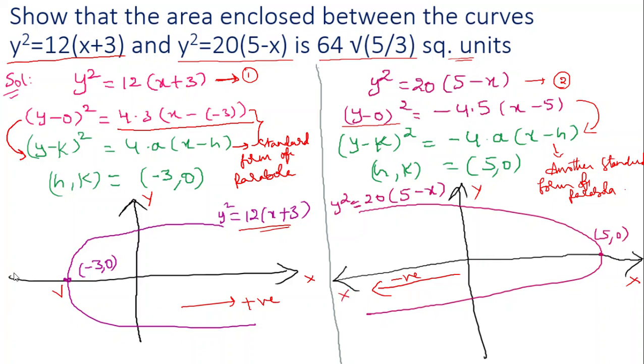This is because in the first curve's equation, there is a positive sign before x, whereas in the second equation, there is a negative sign before x. And so the first curve is open to the positive side of x-axis and the second curve is open to the negative side of x-axis.